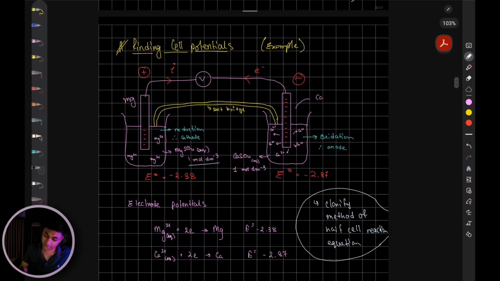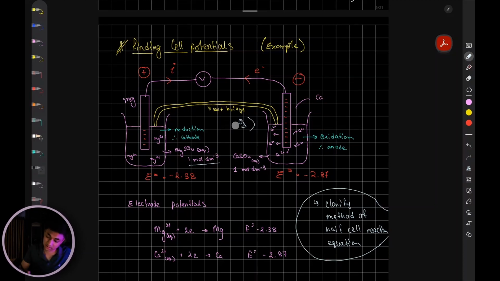Okay. Another thing, you also have to draw the salt bridge. In the last video, I gave you an example of what the compound could be in the salt bridge. It could be, let's say, potassium nitrate. There are also other examples, but you could use potassium nitrate. What it will do is, if the ion concentration over here decreases, the potassium will replace it to make sure your positive ion concentration does not change.